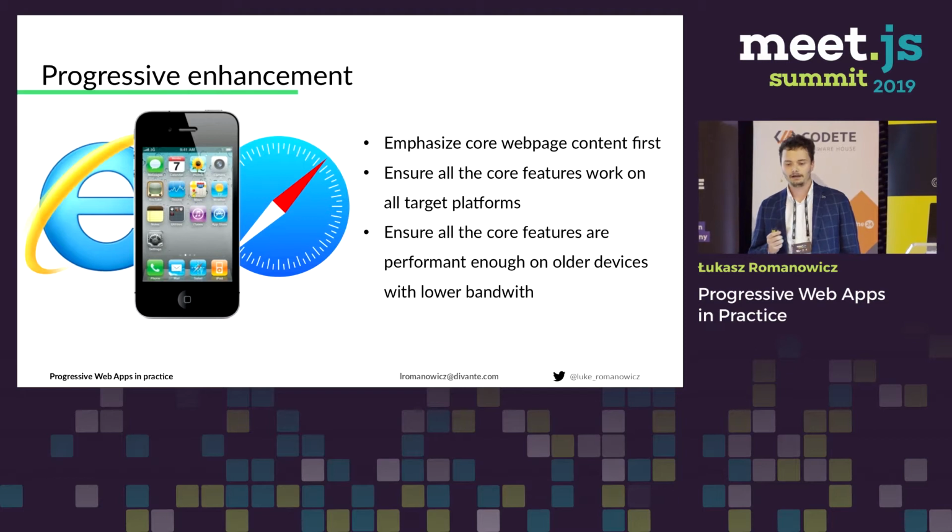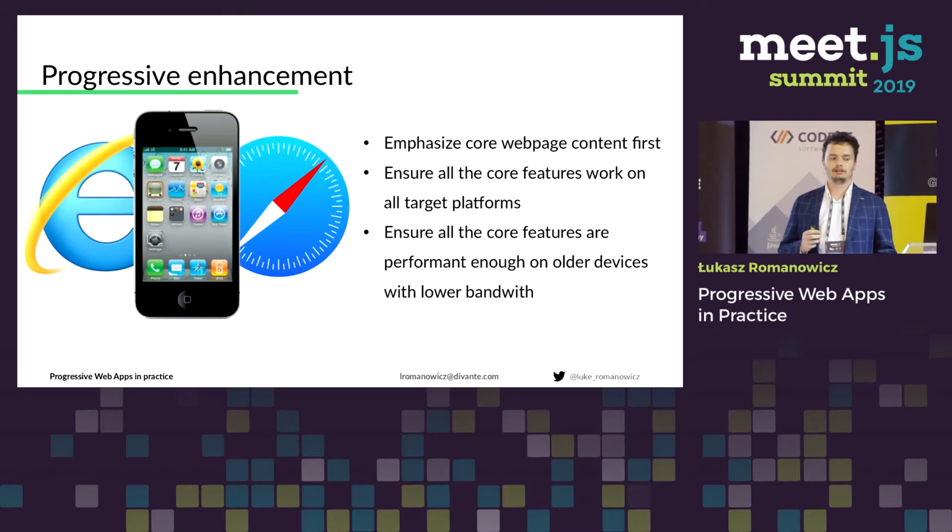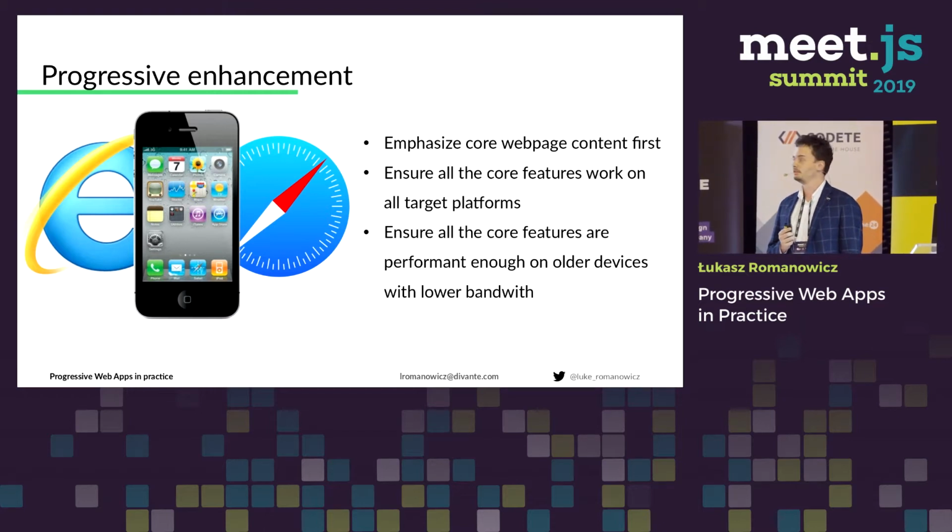I think that the core element of progressive web apps is progressive enhancement. So the app has to work as fast as possible, and the user that is using our application has to see the performance, see the content that he expects from the application as soon as possible.